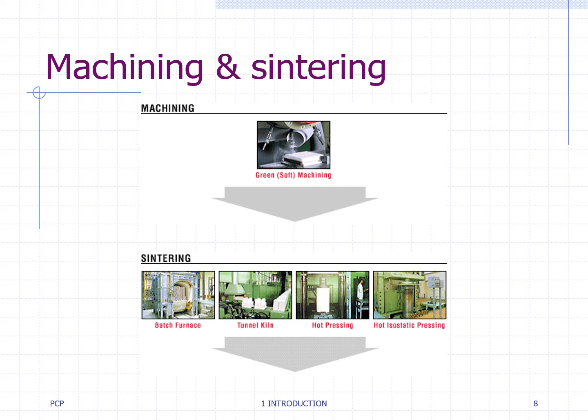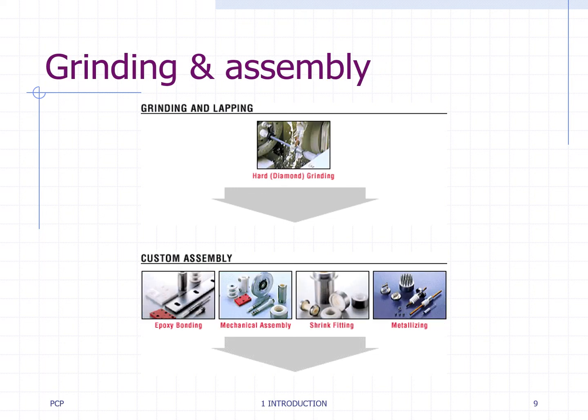Sintering can also take place simultaneously with a press, either axially or isostatically, as we have seen before. Finally, the end shape might be given by surface grinding and lapping using hard tools, generally made of diamond, since here we deal with very hard sintered ceramics.